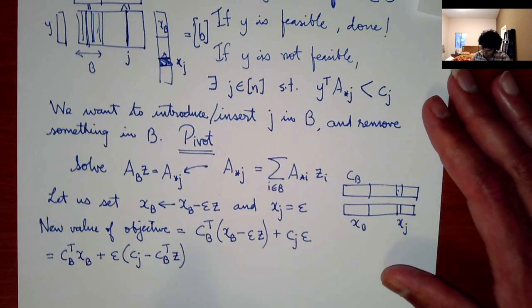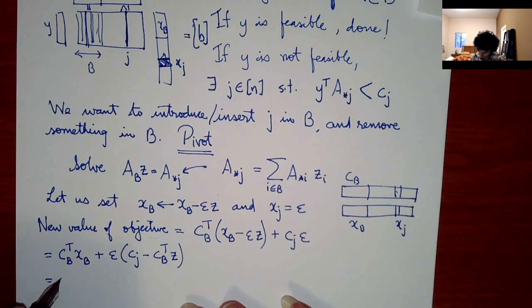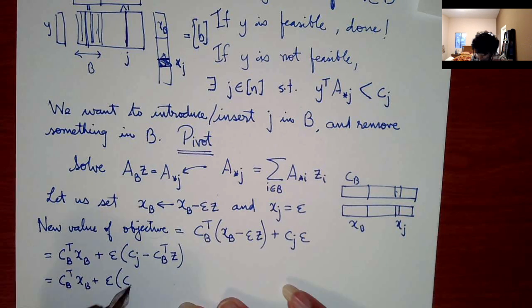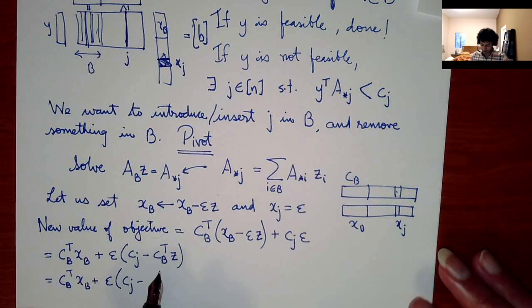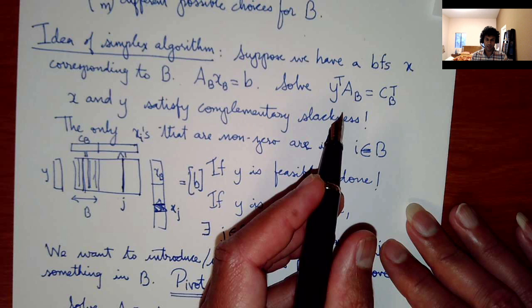Now I'm going to rewrite this. So this was the old objective: C_B transpose xB plus epsilon times Cj minus, now what is C_B transpose? That is Y transpose A_B, because I solved that to be an equality.